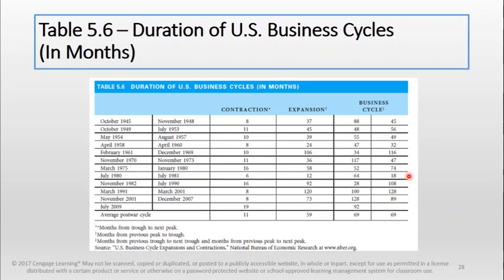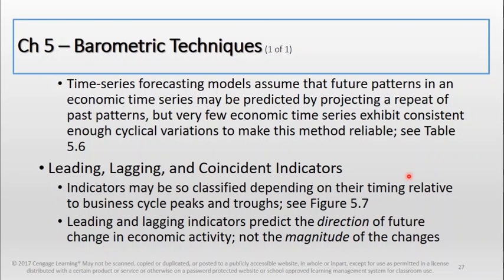Economists, however, have long recognized that if it were possible to isolate sets of time series that exhibited a close correlation, and if one or more of these time series normally led in a constant manner the time series in which the forecaster had interest, then these leading series could be used as a predictor or barometer. That is why we have what you call the leading, lagging, and coincident indicators.